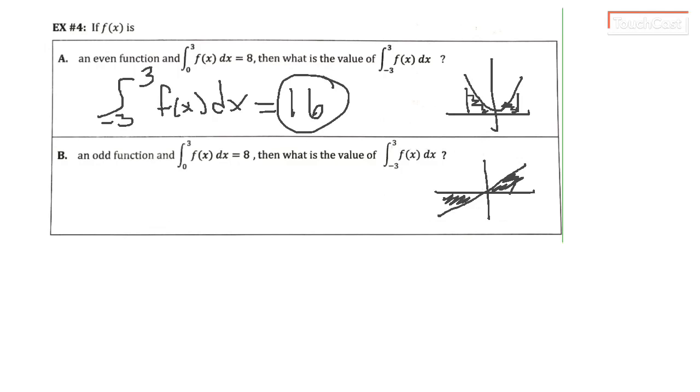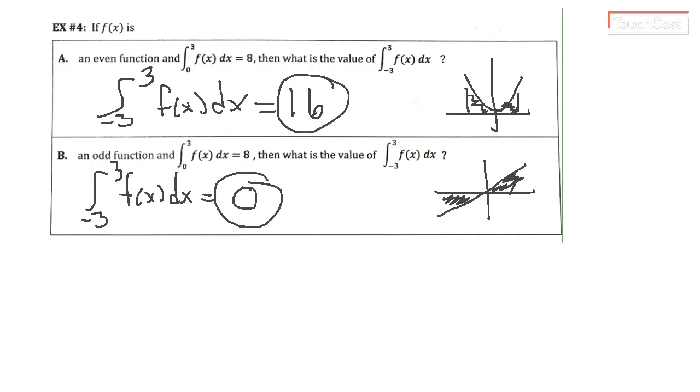Those are even, the same size. So from -3 to 3, the integral of a function that's odd, one portion's below, the other portion is above. Since they have equal amounts, the net area is going to be 0.